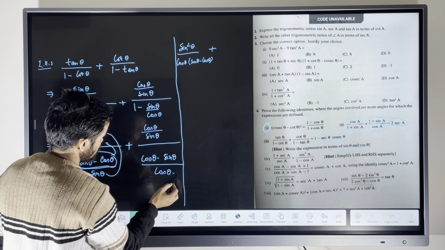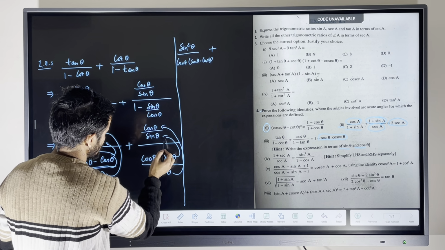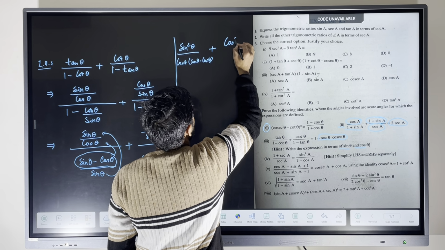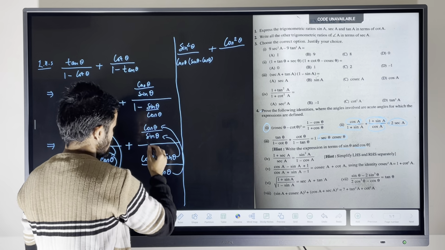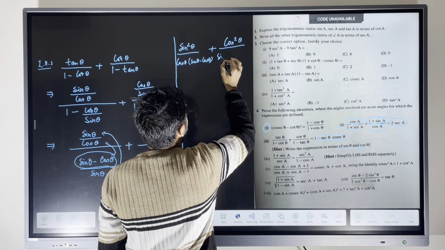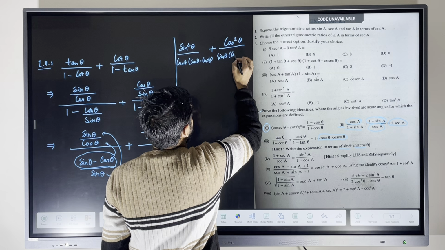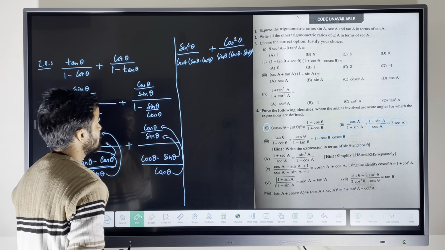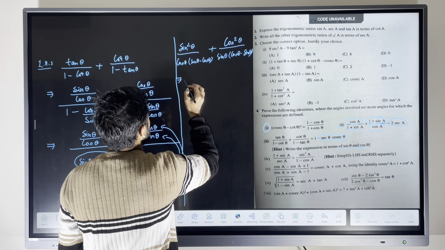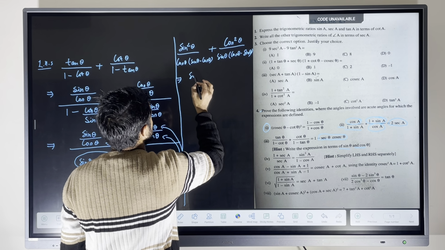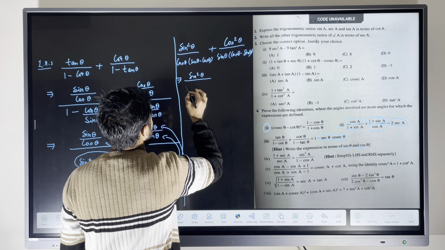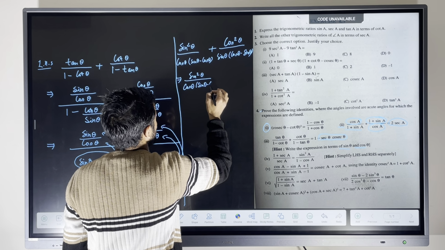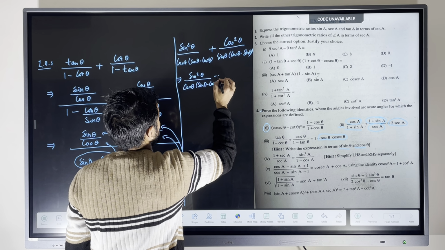Now this cos theta will go here and this cos theta minus sin theta will go here. So we are left with cos theta into cos theta, cos square theta by sin theta into cos theta minus sin theta. Now here we have sin square theta by cos theta into sin theta minus cos theta plus.